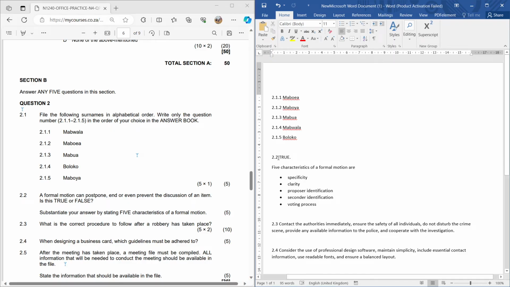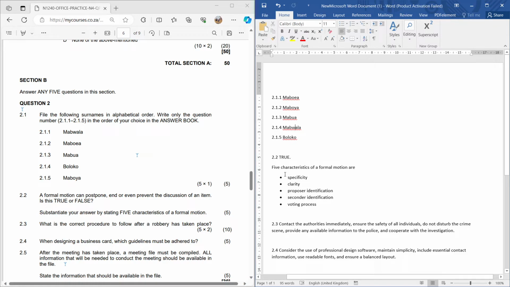So to answer the statement that a formal motion can postpone and or even prevent the discussion of an item, this is true, right? And then to substantiate that in the form of stating 5 characteristics, the first one is specificity, right? So formal motion has specificity.